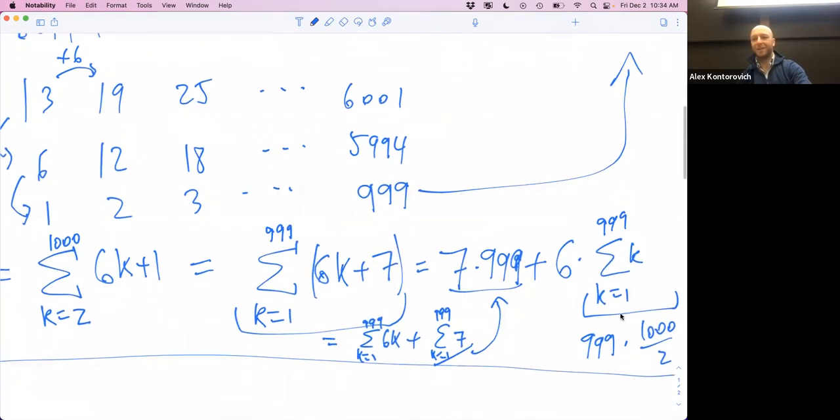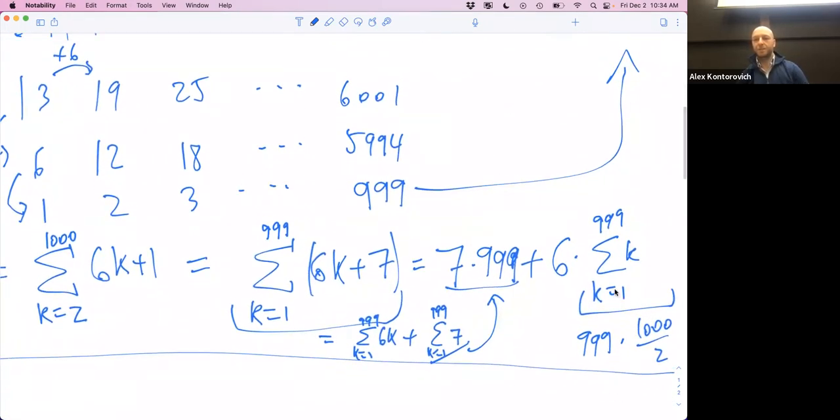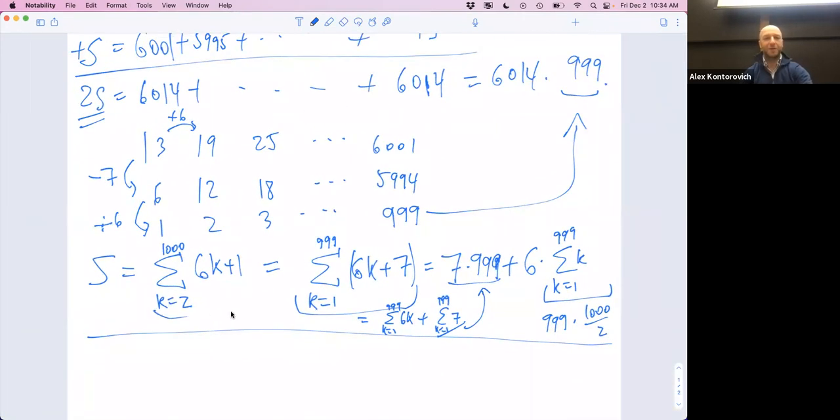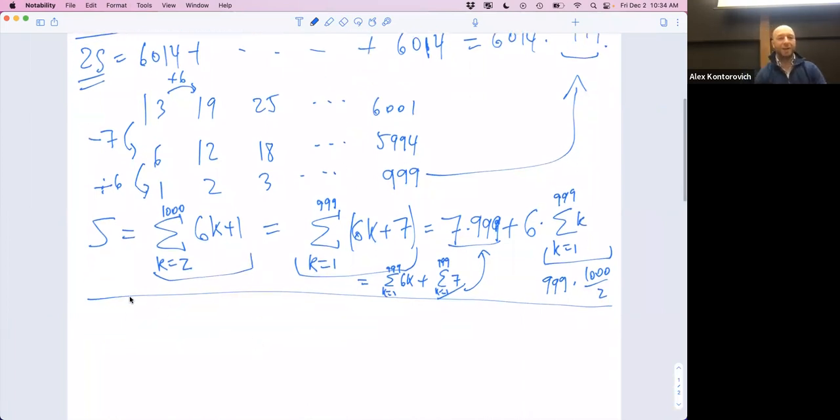If you use it from k equals 2, would you do 1,000 plus 2? Yeah, beautiful. Let's do k equals 2. Let's figure it out from this. If you had done it like this, what would you get? Should we make this the quiz? No, it's too simple for the quiz. Let's do it all together. You're adding 1 to itself how many times? 1,000, except you're not doing the first time.